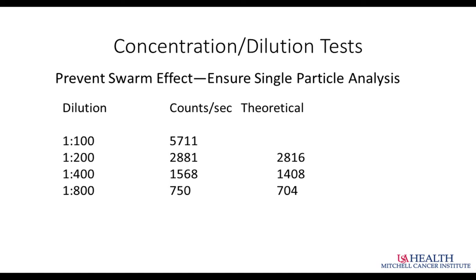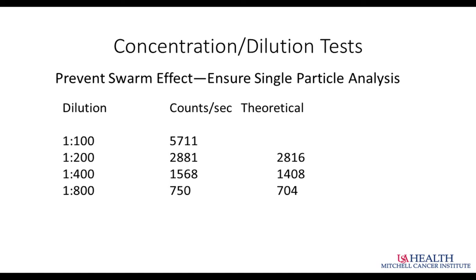So the number in the center is the number that we actually acquire, and then the theoretical number on the far right corresponds to half that number, half of 5711, and then you just kind of cut those in half, and you'll see that those match fairly well. I'm sure that there are probably some acceptance criteria of what percent variance you can accept as tolerable.